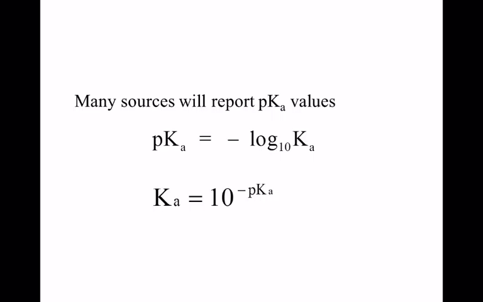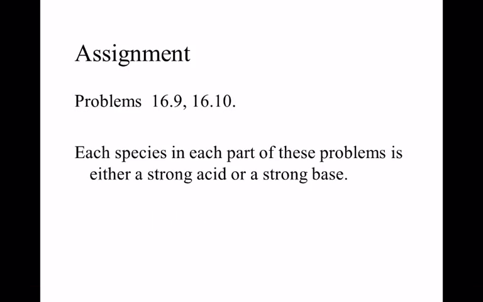When we get going working problems, sometimes you'll need the Ka, and you will not have the Ka, but you will be given the pKa. In context of what we've just been talking about, kind of undoing a P function, you need to be able to get to the Ka by taking 10 to the negative pKa. So stick that one away.